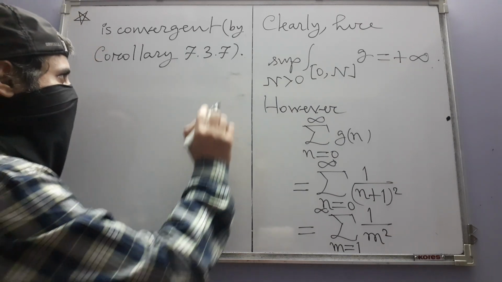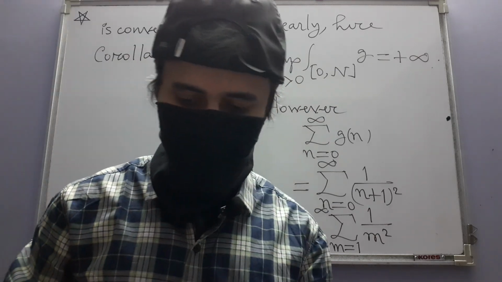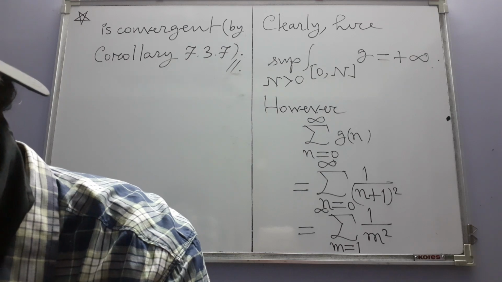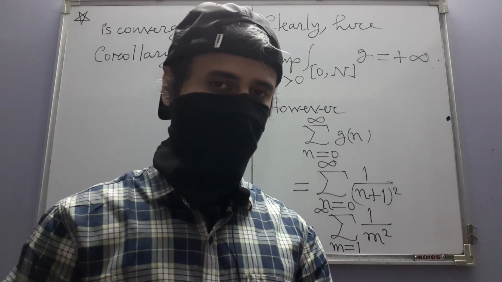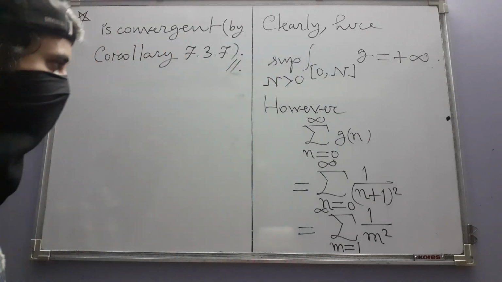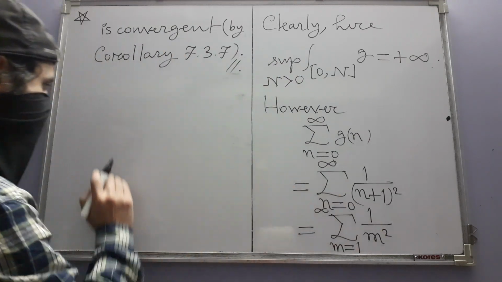So that's the exercise. There is only one more thing left in this section, which is a corollary, which in fact we already have proved before. It is the result from where this thing is coming.